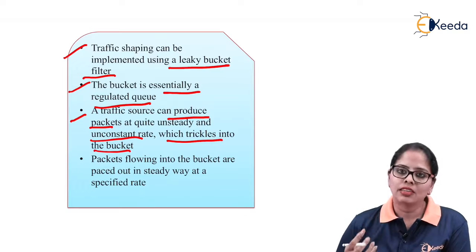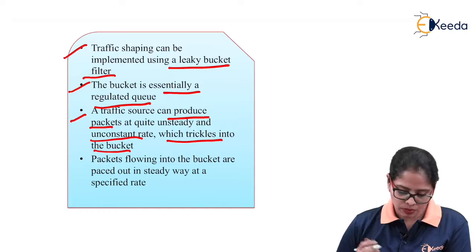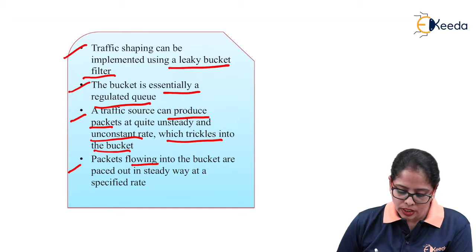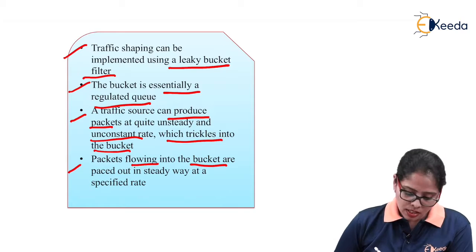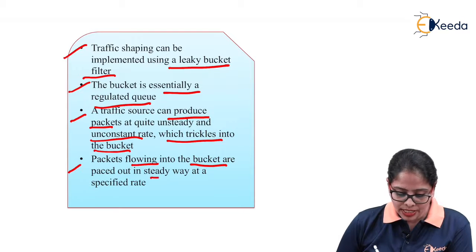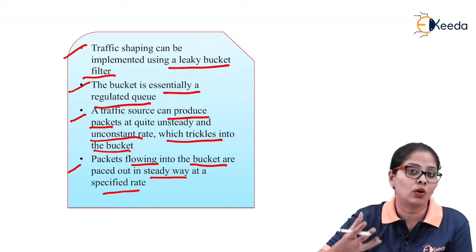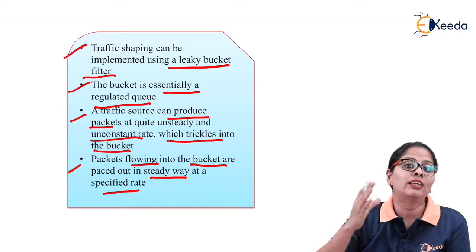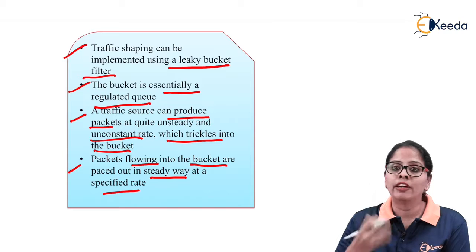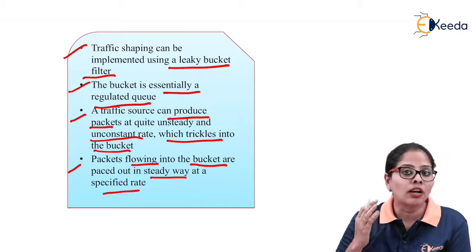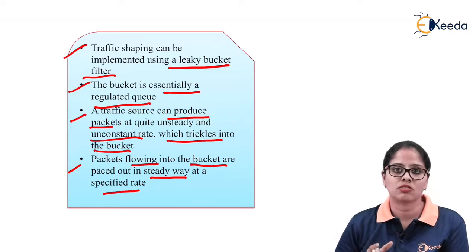All of that is collected in the bucket. The packets flowing out of the bucket are spaced out in a steady way at a fixed rate. Whatever your incoming rate, your outgoing rate will be constant.